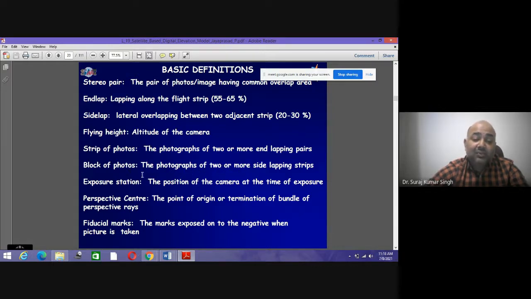Exposure station is the position of the camera at the time of exposure. Perspective center is the point of origin or termination of a bundle of perspective rays. Fiducial marks are marks exposed on the negative when the picture is taken.